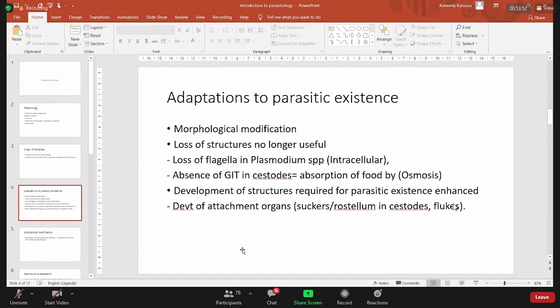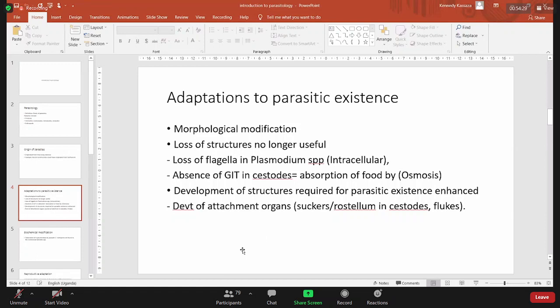Then among the cestodes or tapeworms, we find that cestodes do not have an alimentary canal, because they are found in the gastrointestinal tract of their host and in already digested food absorbed by the host, and this food moves to the cestodes by osmosis.